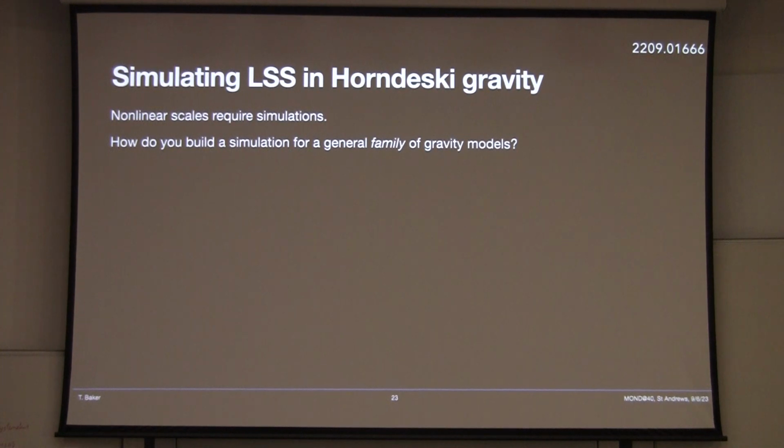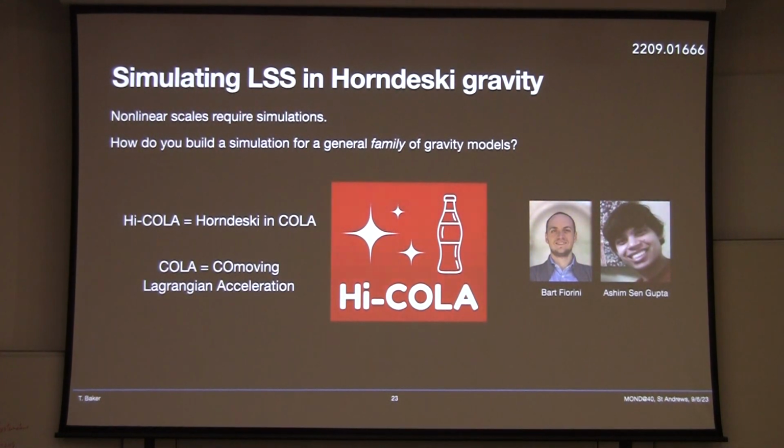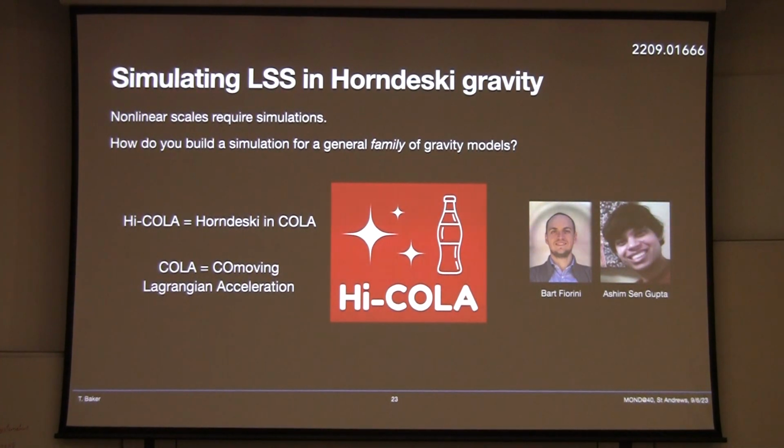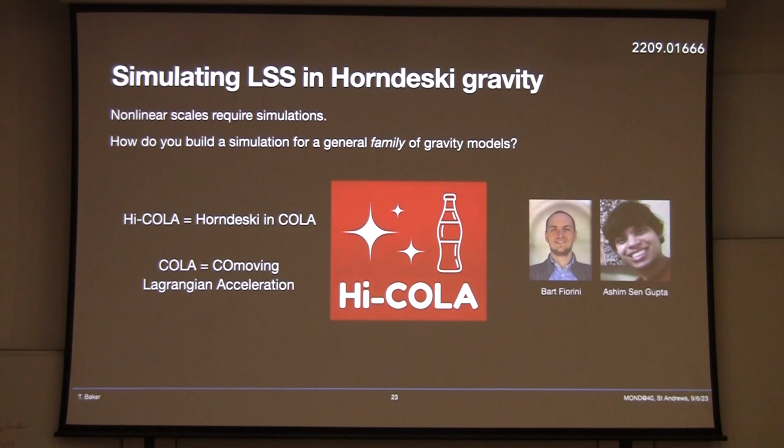So this is a problem that my team and I have been working on for a couple of years. And of course, I'm going to take the opportunity to advertise the fruits of our labor, which is a simulation suite called HiCOLA. And that stands for Horndeski in COLA, nested acronym. COLA itself stands for COmoving Lagrangian Acceleration.